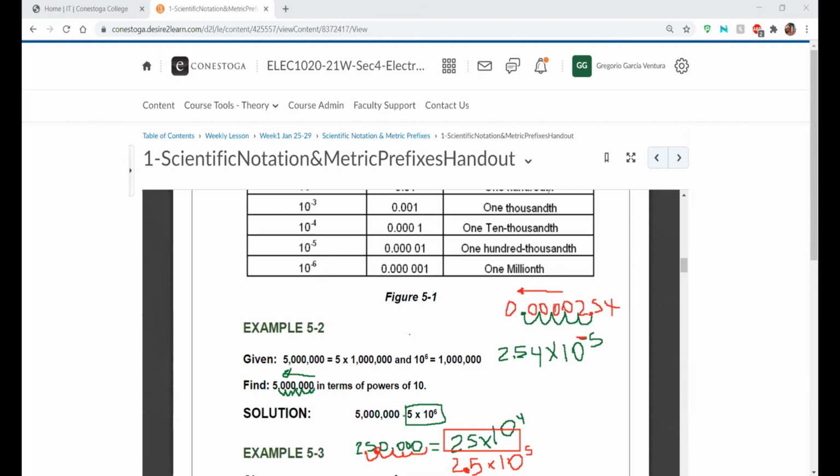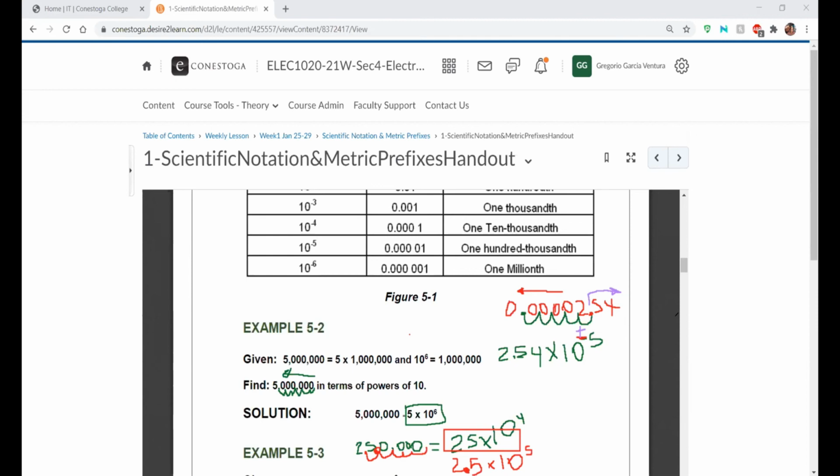If that was a +5, and I'm going to put this in purple, when it's a plus, we never mark it. If that was a +5, it means that the decimal point is going to be moving in that direction to the right. So if that was 2.54 times 10 to the 5, then we would be moving that decimal point 5 spaces to the right.